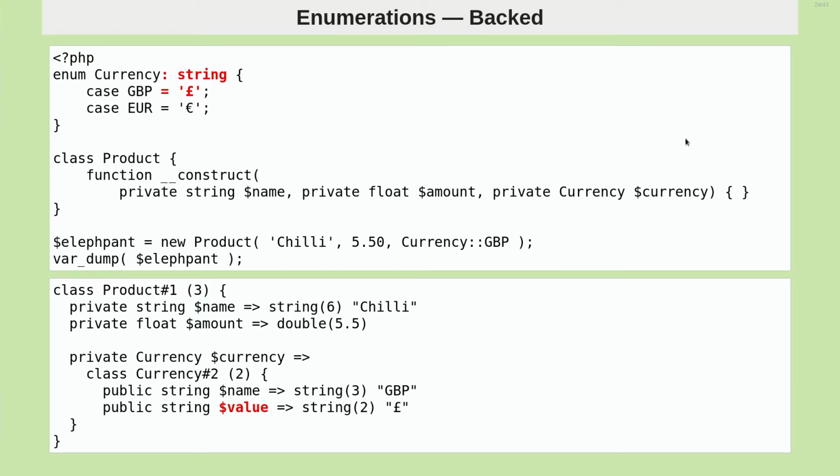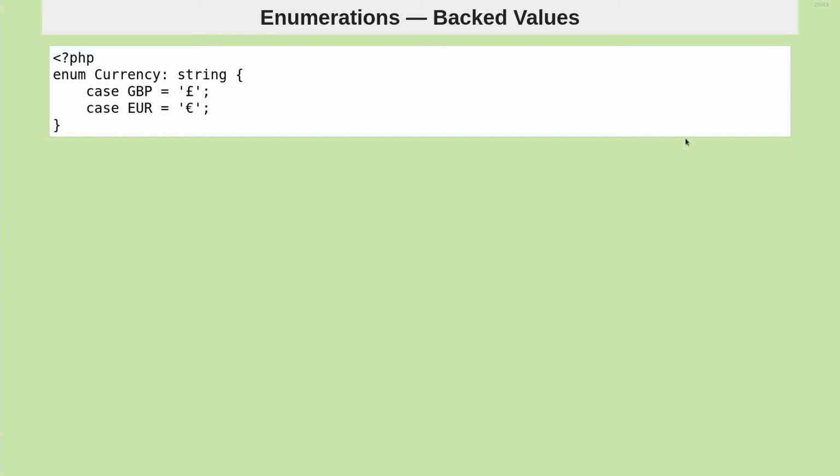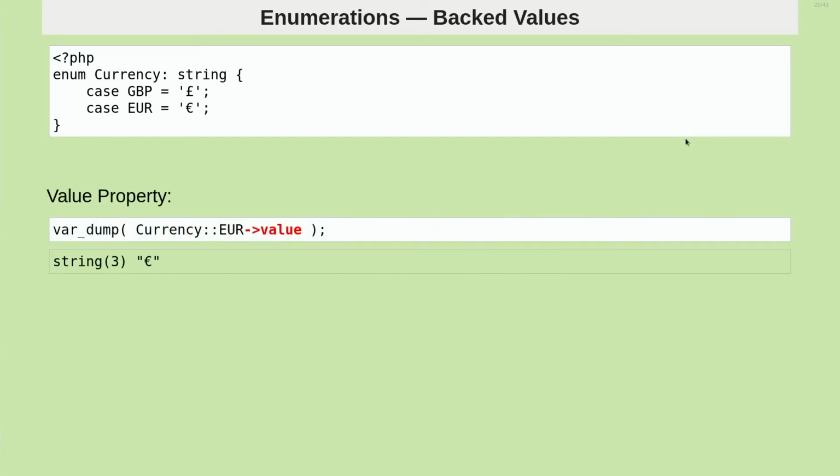This is kind of useful because you can make use of these values, because you can access the value of the enumeration constant. I don't think we've come up with a name for what currency::EUR stands for. Enumeration value? That seems reasonable, doesn't it? I don't think we've ever come up with a documentation name for it. But in any case, you can access the value and then you get the value out of it.